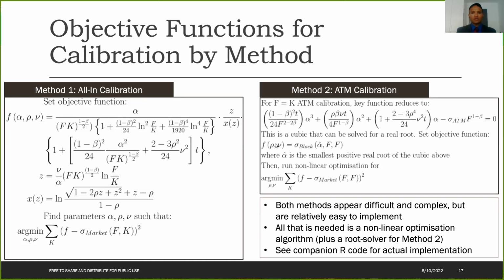It's a cubic equation. Now, because it's a cubic equation, if you remember your basic mathematics from high school, a cubic equation must, by definition, always have at least one real root.